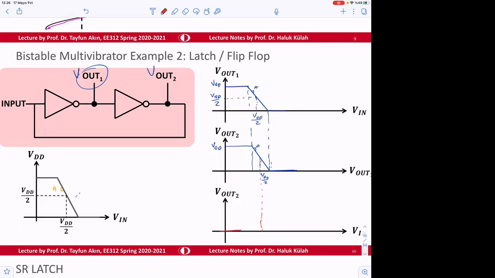So input 0, output is going to be 0. But this time, the signal output is going to be switching like this. And this is going to be VDD.